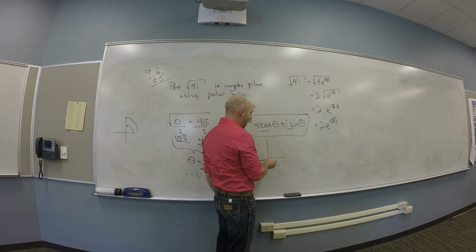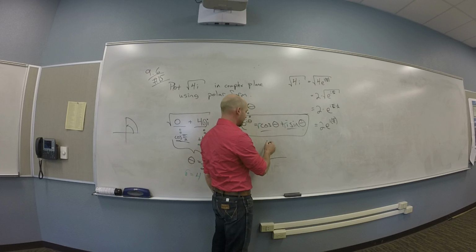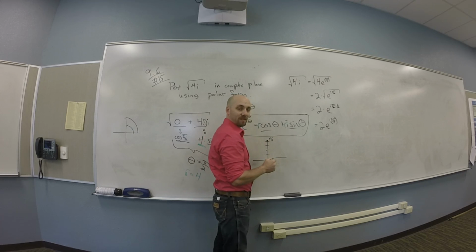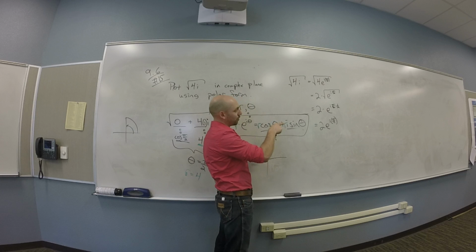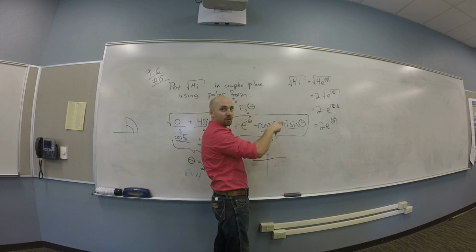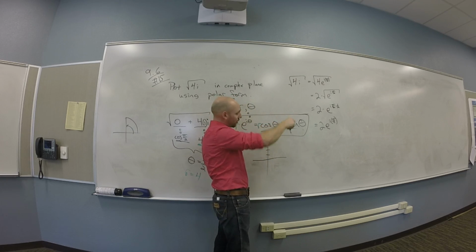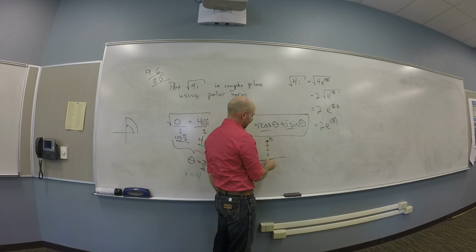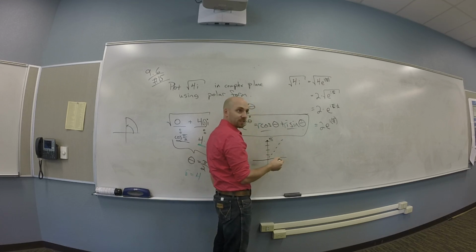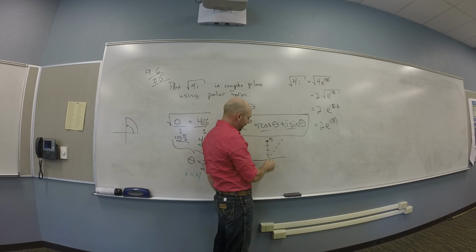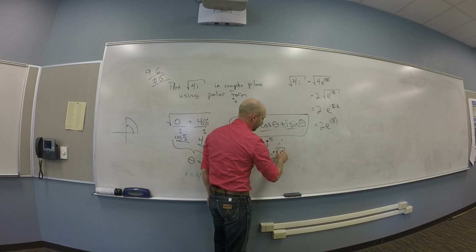So my 4i was just 4 units up here. Like this point here is 4i. Now the square root of 4i is a radius of 2 and an angle of pi over 4. So an angle of pi over 4 looks like this, and then a radius of 2 puts me out here someplace. So that's the square root of 4i.